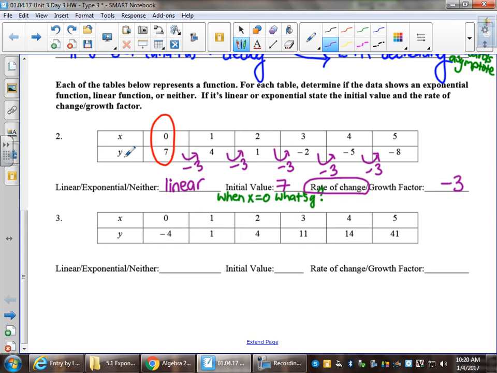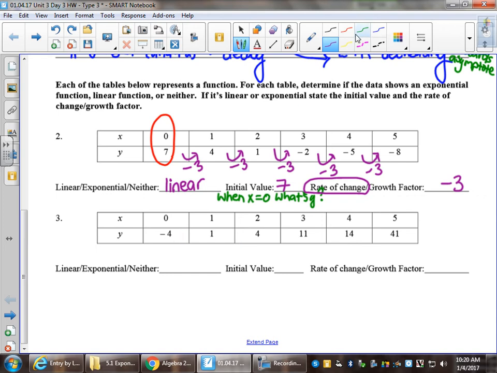Number 3, -4, 1, 4, 11, 14, 41. I'm not thinking multiplication of any kind because it just doesn't ring a bell when I look at this pattern.